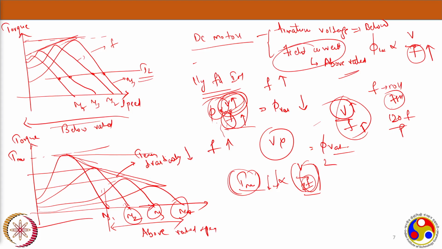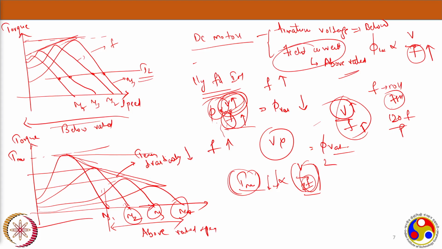Initially, I won't apply the full voltage from the inverter. I will supply a very reduced voltage, and I will increase this voltage and frequency slowly. V by F is constant, so the rated flux is also constant, and my machine is not getting saturated.